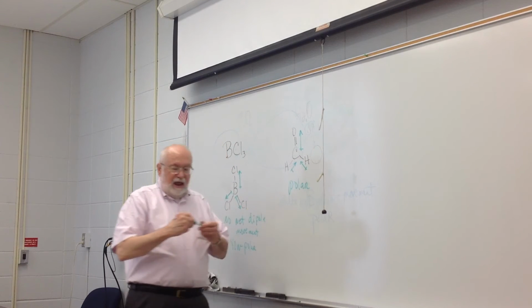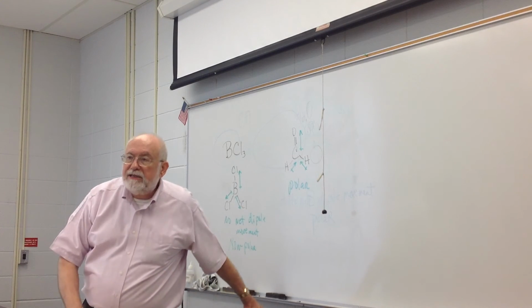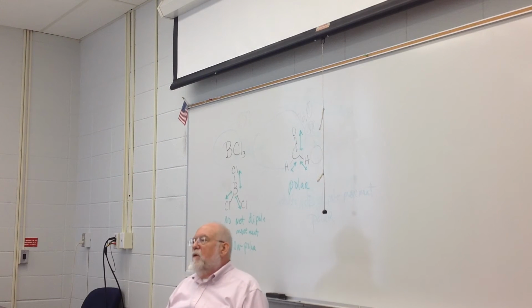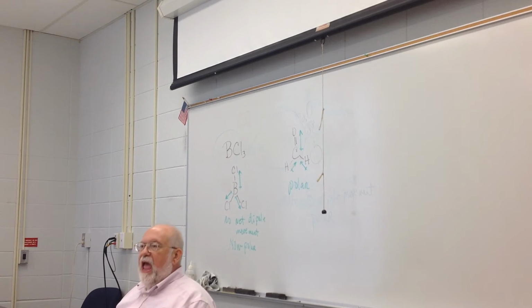All right. Now they're both trigonal planar shaped. What's the difference? Why is the boron trichloride nonpolar and the other one polar? Do they both have no unshared pairs? No unshared pairs on the central atom, no. Well, yeah, we have the dipole movement, but why do we get it?